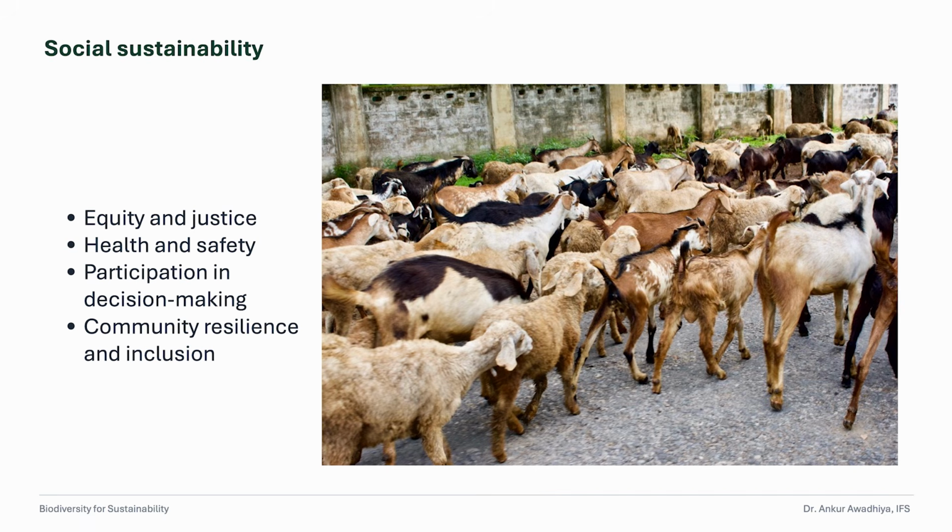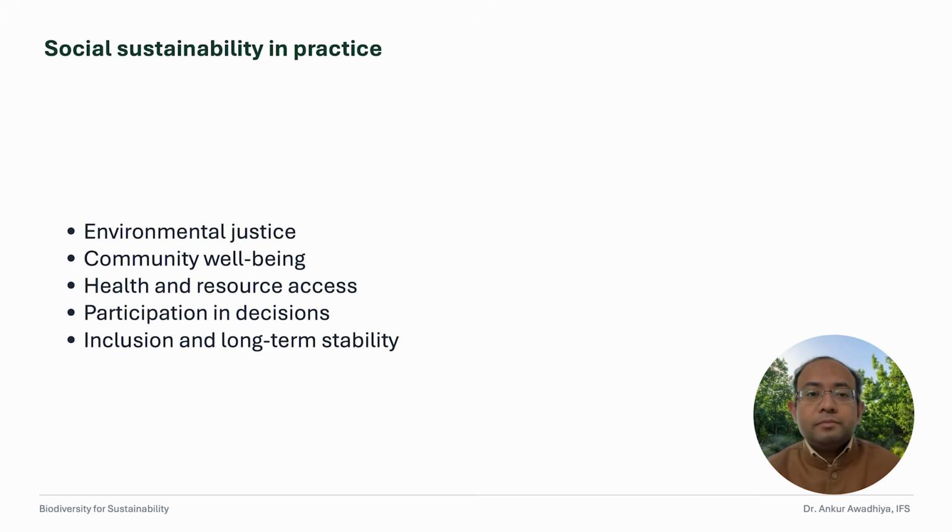This means sustainability is not only about managing nature well, it is also about whether people, especially the poorest, live fairly, safely, and with dignity within the development process. A society cannot be called sustainable if benefits are concentrated while burdens are pushed onto others.